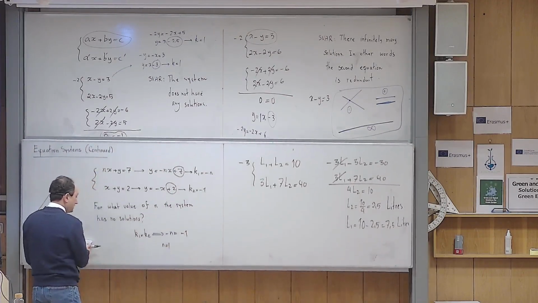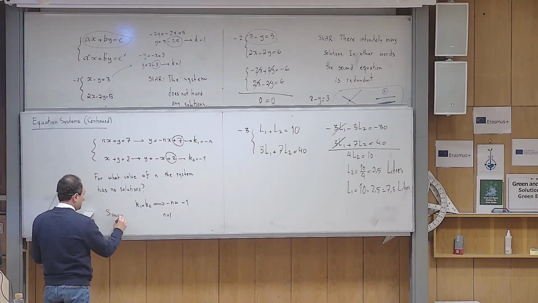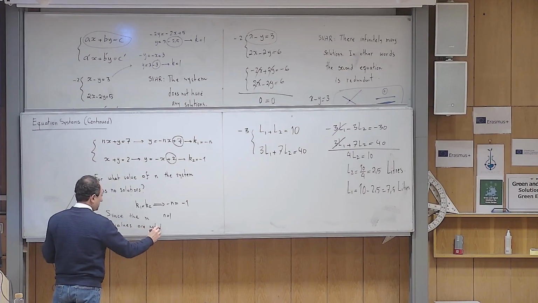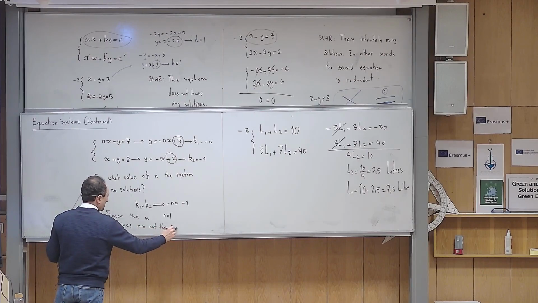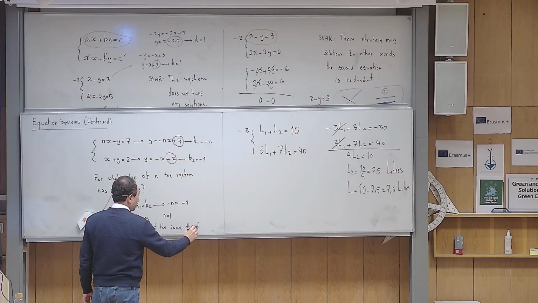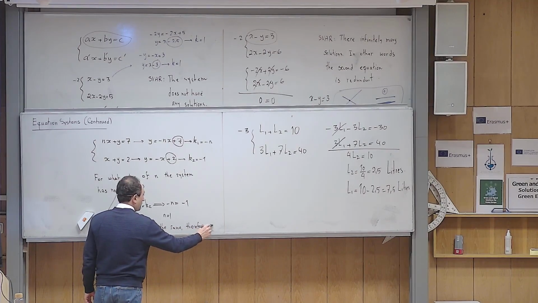So since the m values are not the same, therefore n equals to 1 is acceptable.